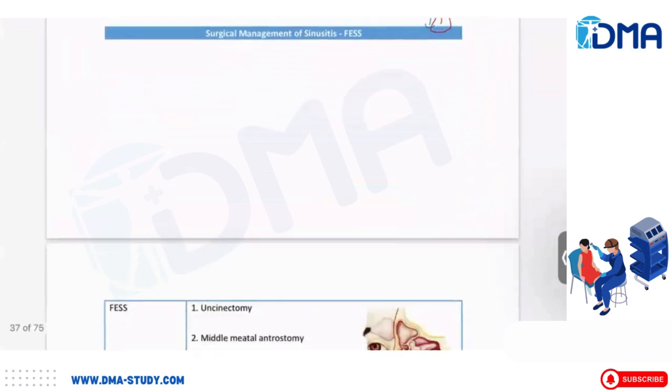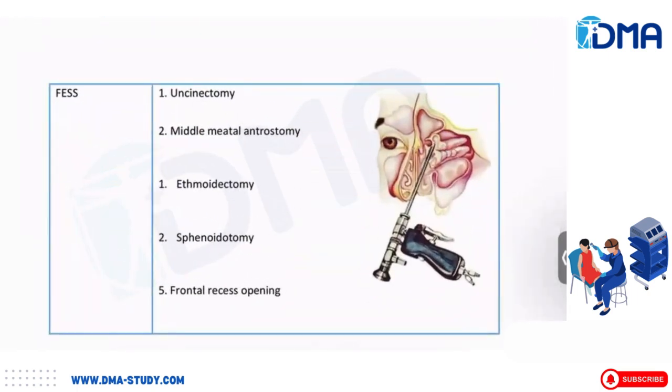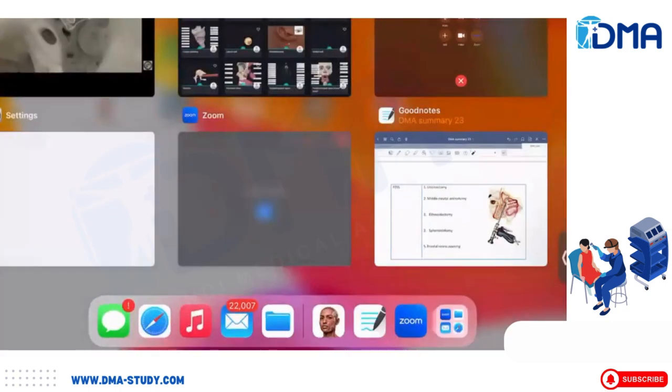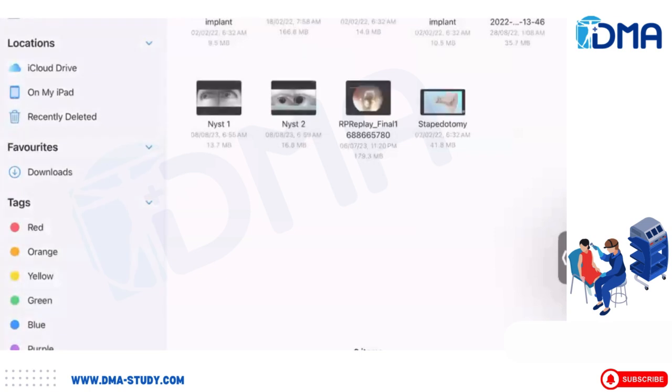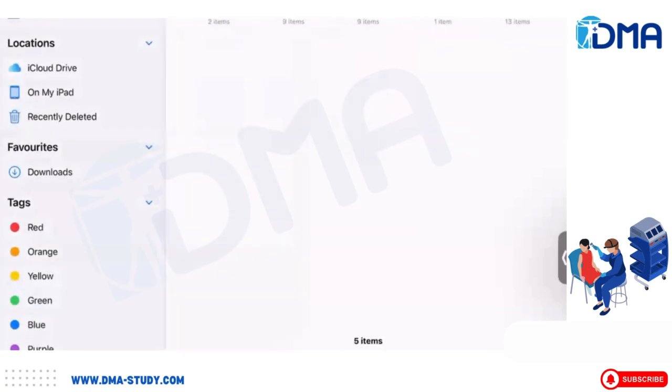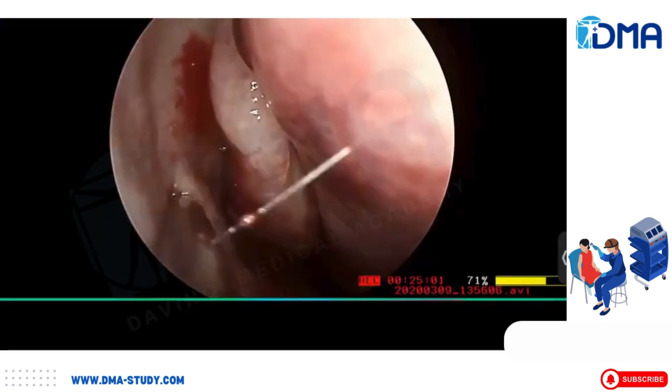Okay. Fine. Surgical management is FESS. The first step is uncinectomy. First, we remove the uncinate process which covers the middle meatus. So, how is it being done? Look at this video. So, this is uncinectomy.